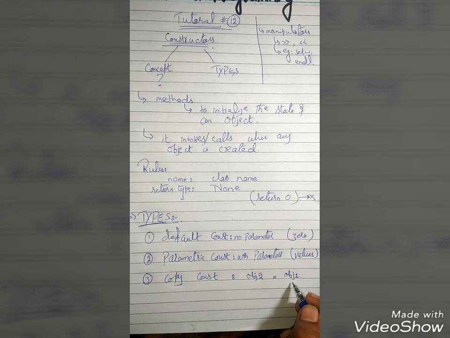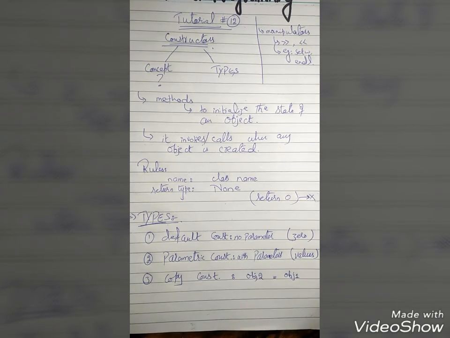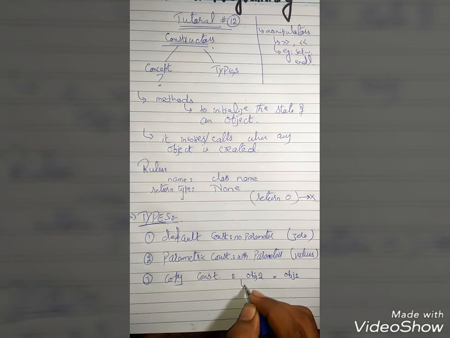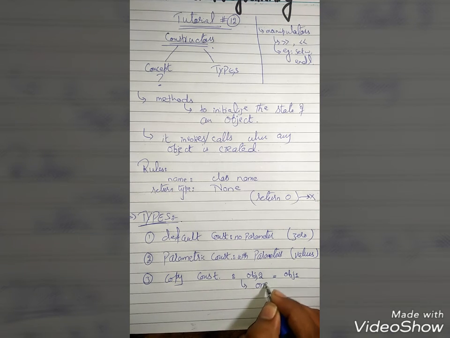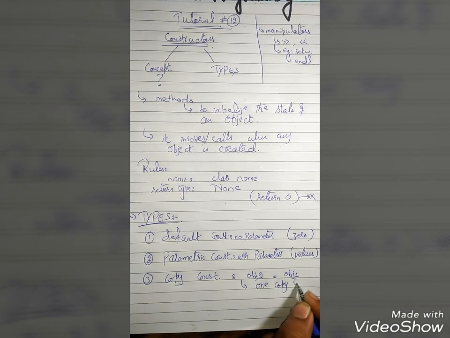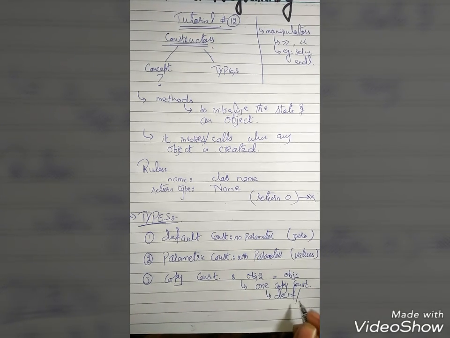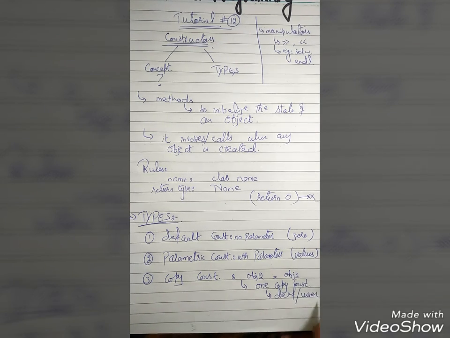Copying an object into another object is the purpose of the copy constructor. And remember, there is only one copy constructor in the whole program, either the default one or one defined by the user.